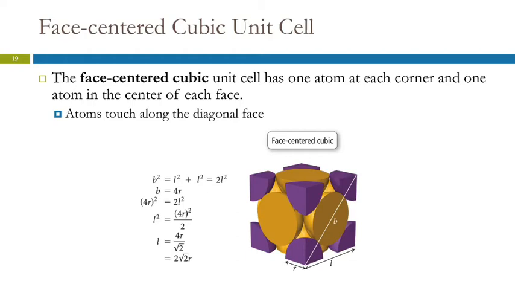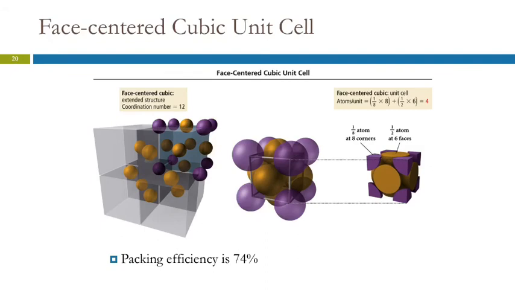It's a little hard to see. So these purple ones at the corner, 1/8 of an atom at each of the 8 corners, so that's 1 atom. And then the face-centered ones are each half of an atom, 6 faces, so that's 3 atoms.